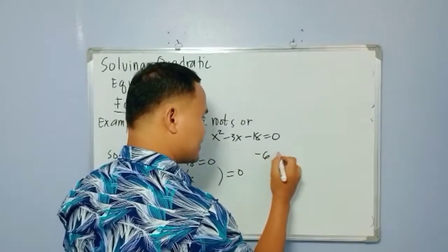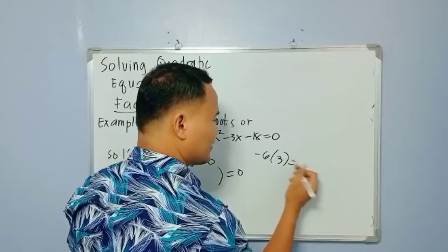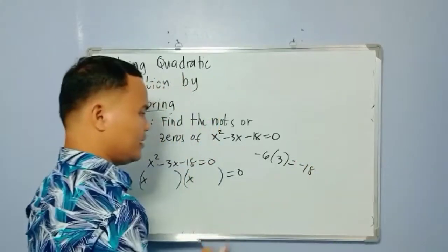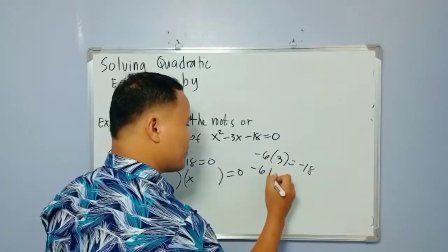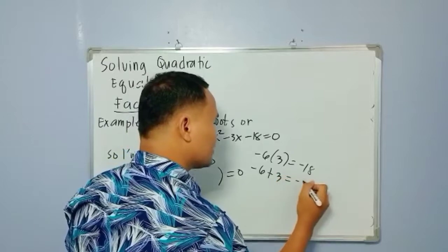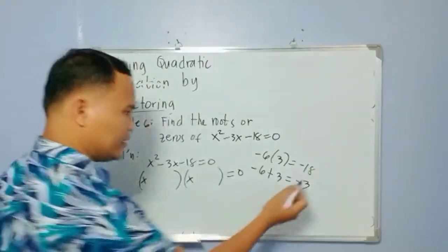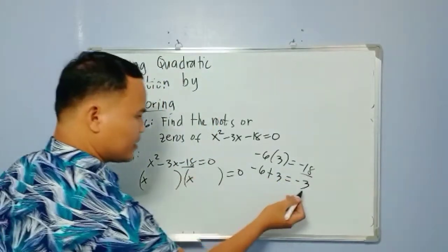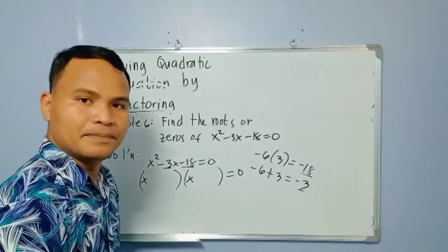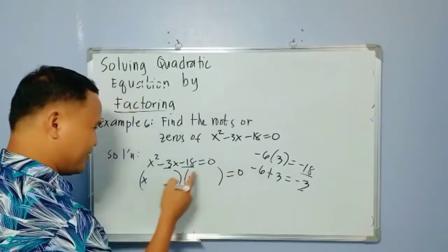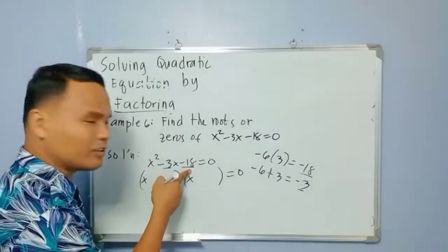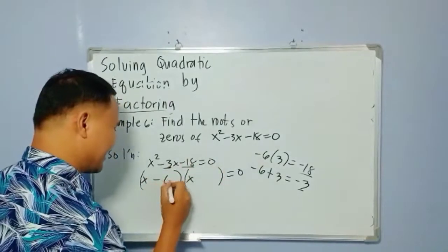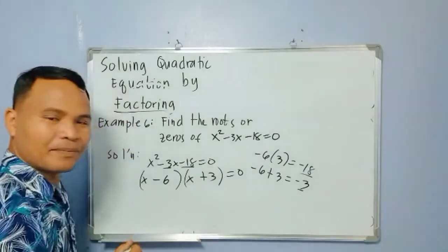So negative 6 times 3, the result is negative 18. If we get the sum, negative 6 plus 3, the result is negative 3. This is the product, and this is the sum. So therefore, the factors of negative 18 that we are going to use are negative 6 and positive 3.